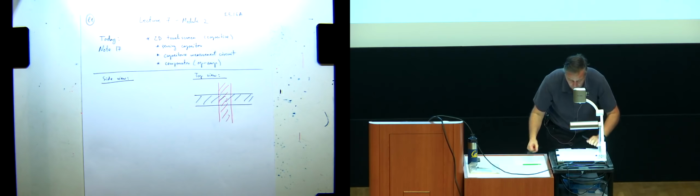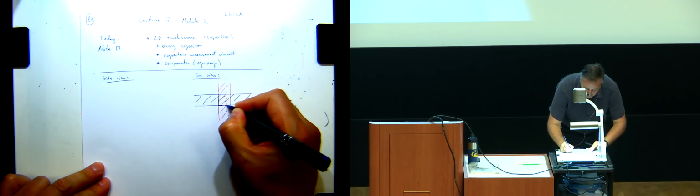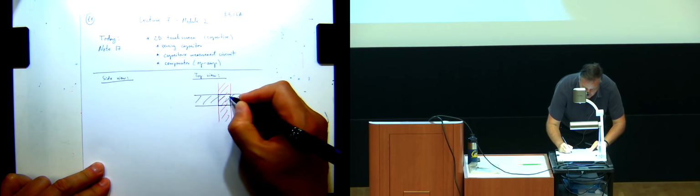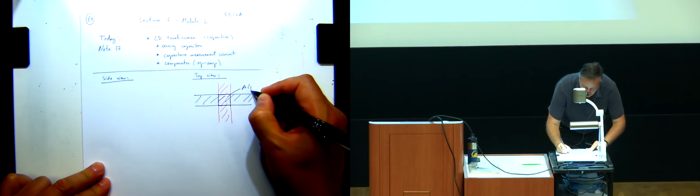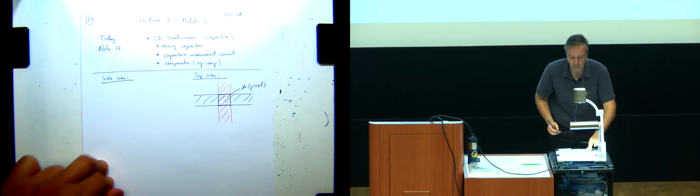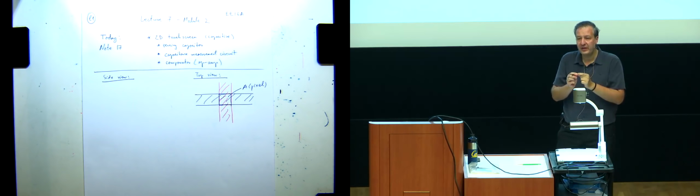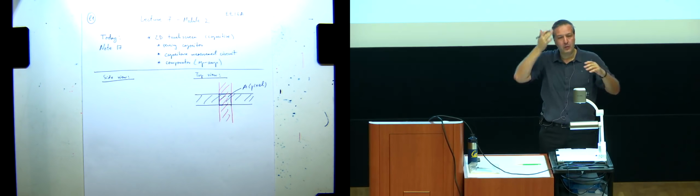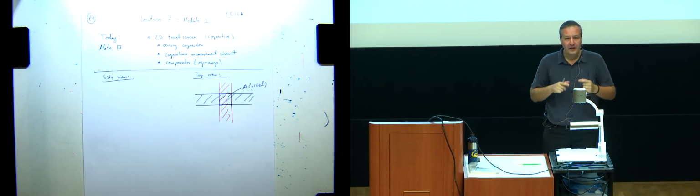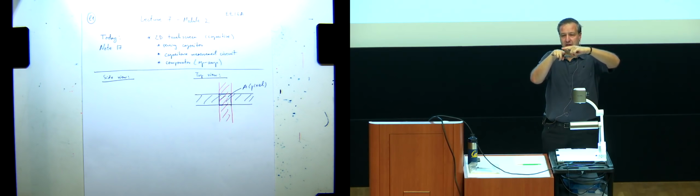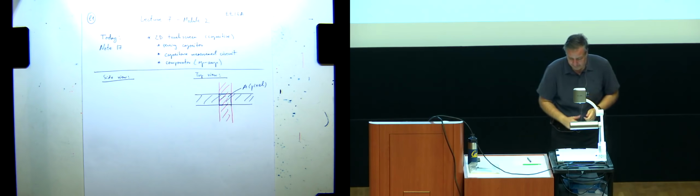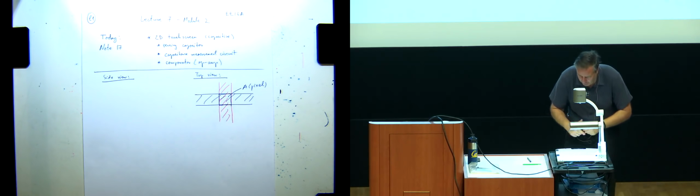Okay? And they will overlap in this area. I'll call this area A, and we'll call that a pixel. Right. So we're just zooming now into one tiny piece of this whole touch screen, and then later we're going to expand. In that area, we just have two metal wires essentially overlapping. But they're not actually touching.